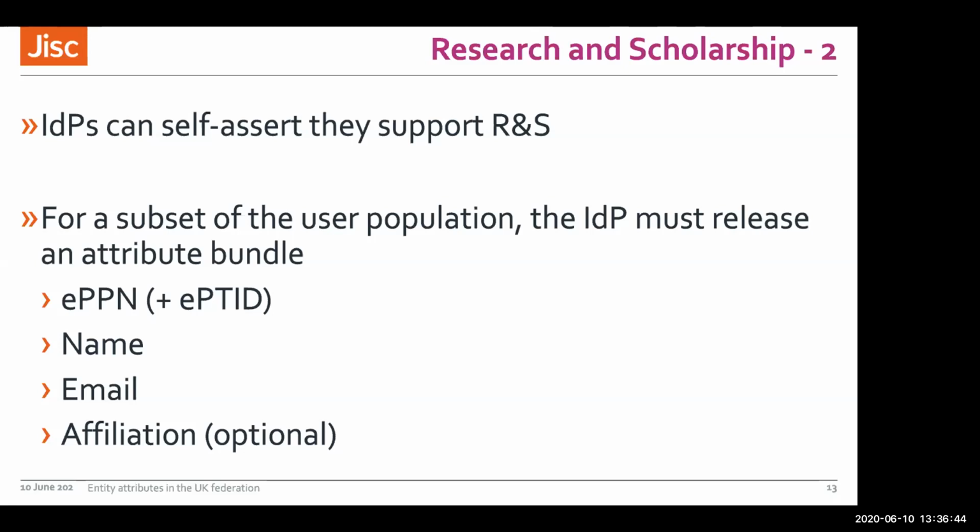The SP has asked for research and scholarship, says it enhances the research and scholarship functions. It provides an asset management, a research facility management tool, and requires that kind of name and email.